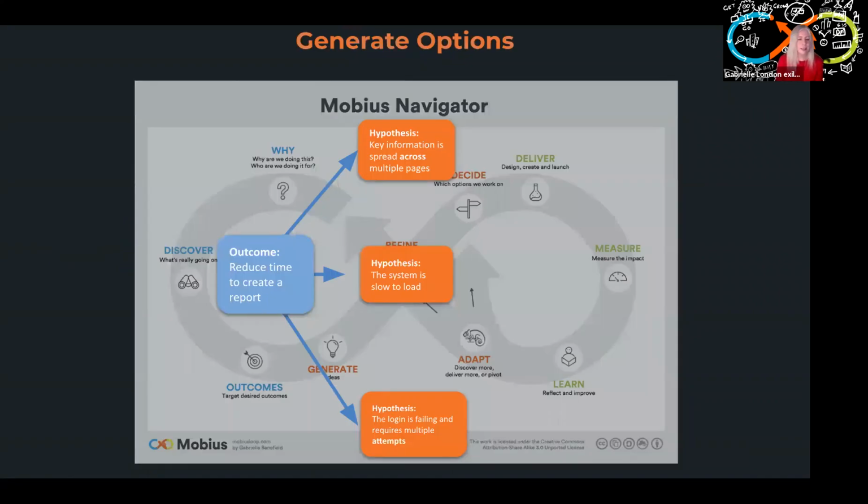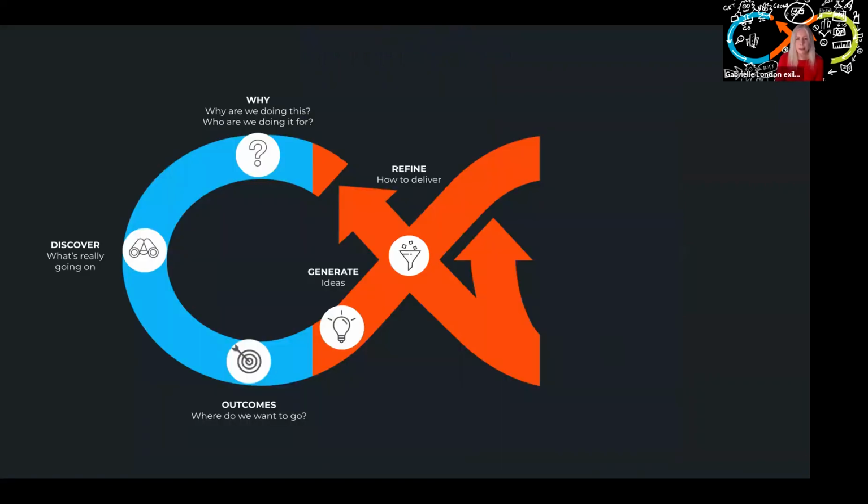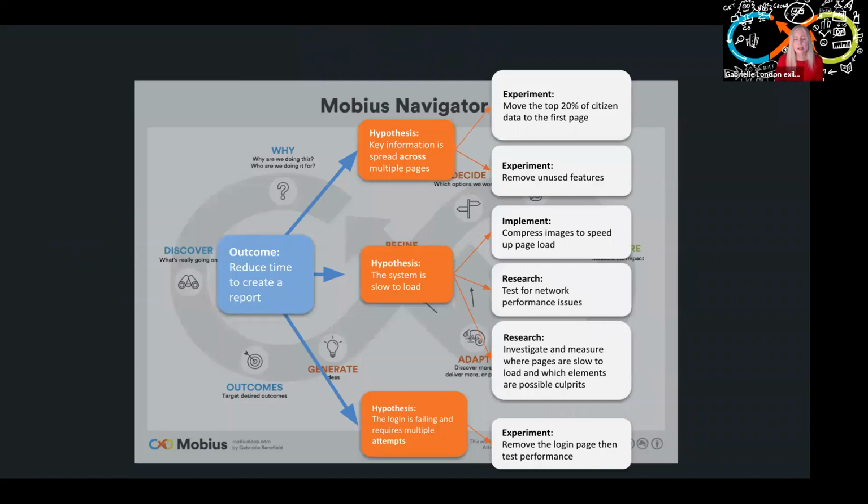So just a really simple one. For example, let's say in the discovery, it took a long time to create a customer report. After doing our discovery work, there are a lot of hypotheses based on what we'd observed. For example, information across multiple pages, slow to load, login failure. And out of that, we can start breaking it down. For all of these things, I like to use a little acronym, RED: research, experiment, or deliver.